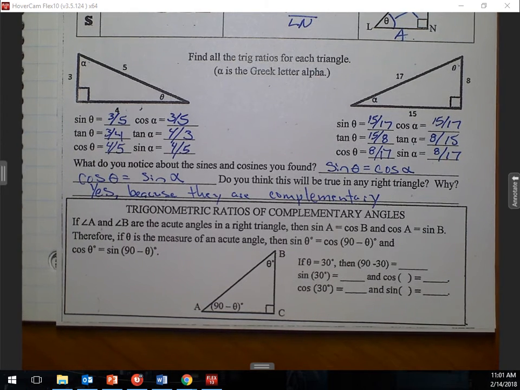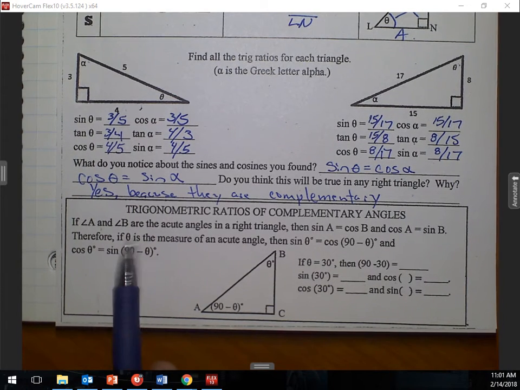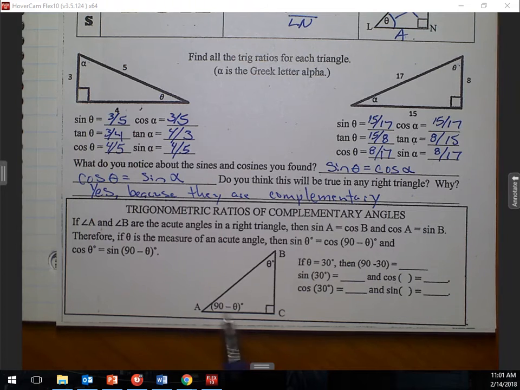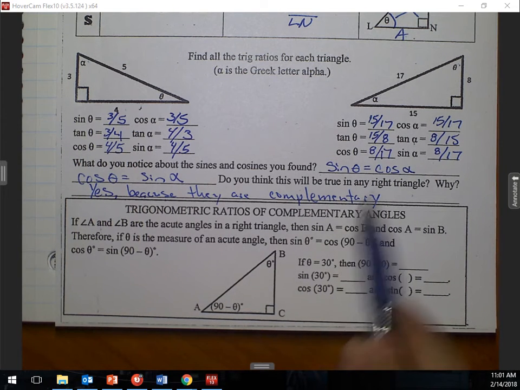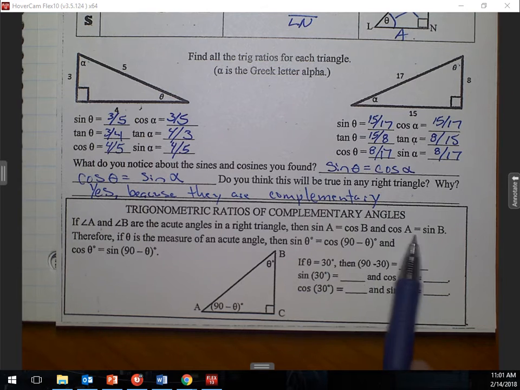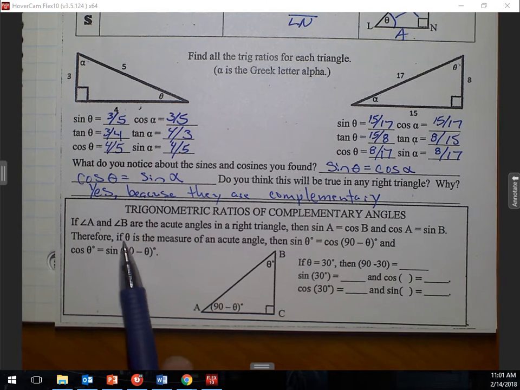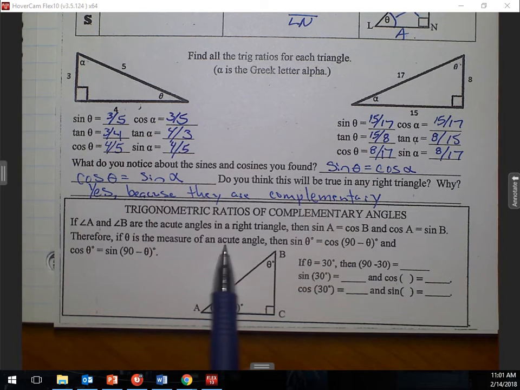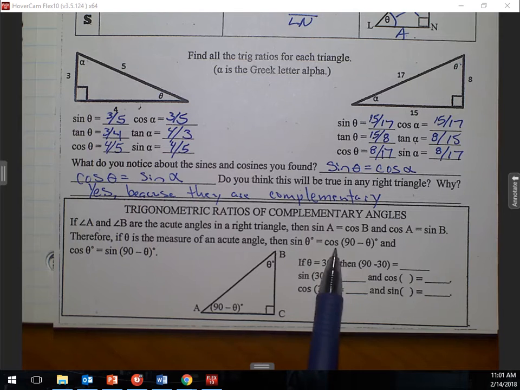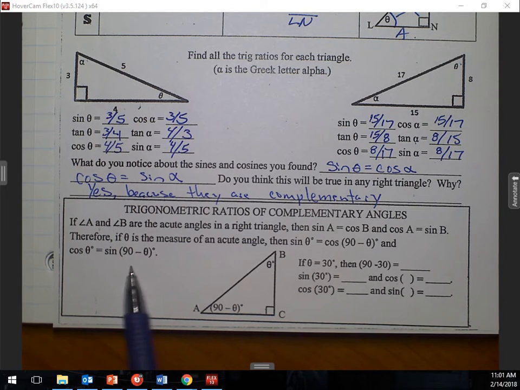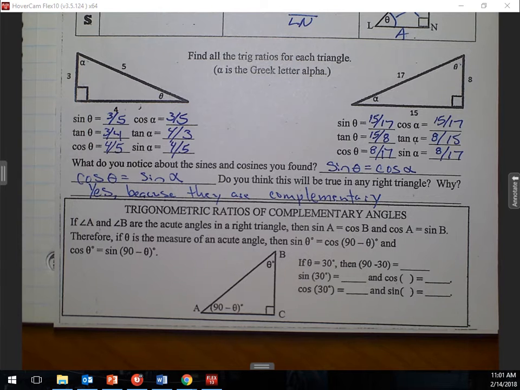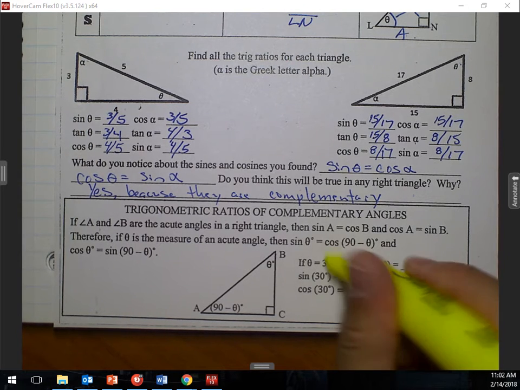So if A and B are acute angles, sine A is equal to cosine B, and cosine A is equal to sine B. Therefore, if theta is the measure of an acute angle, then sine theta is equal to cosine of 90 minus theta, and vice versa. These are important because you're going to need this momentarily.